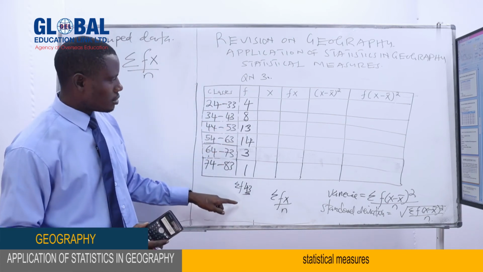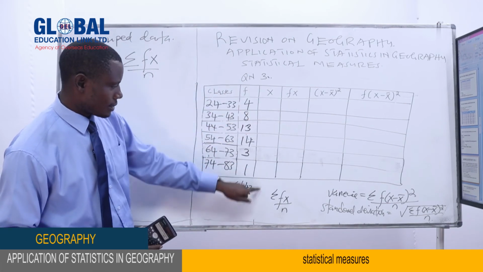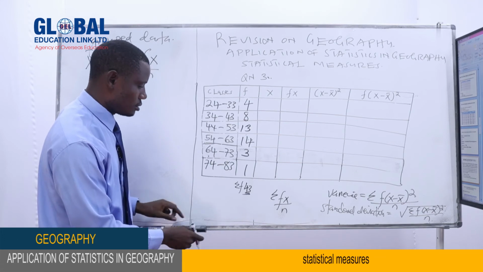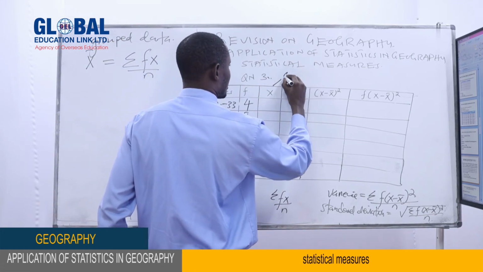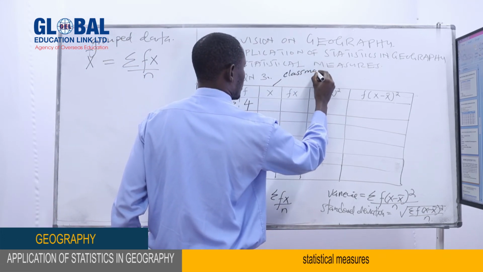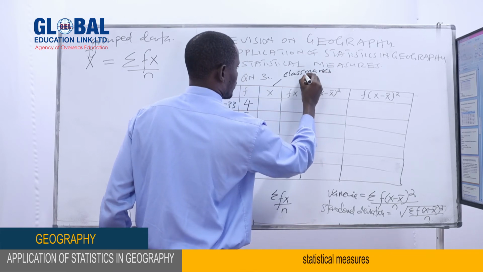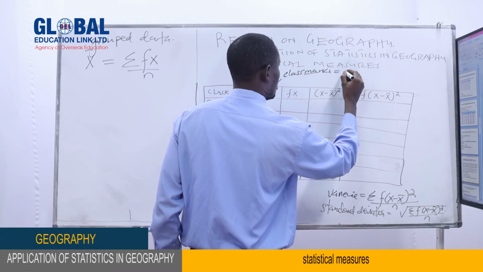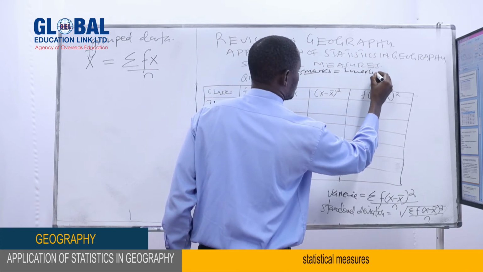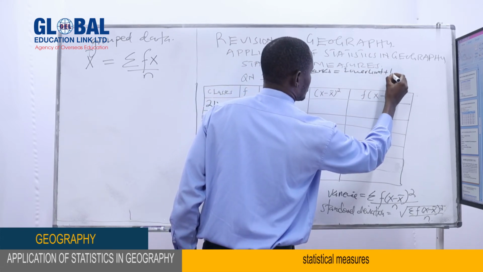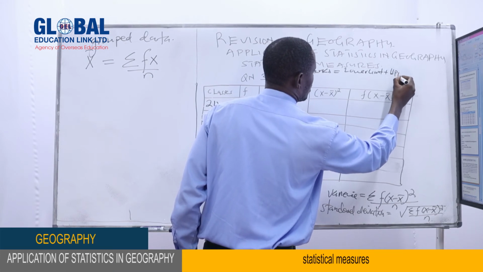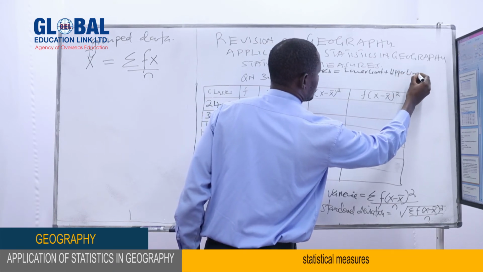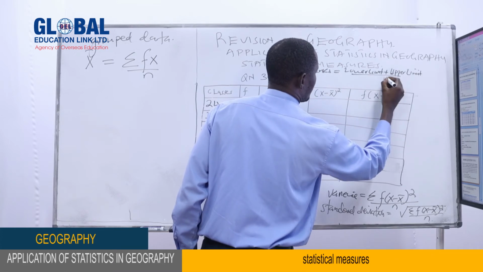Then you go for the next column, that's about X. For X, I think you know, here we are talking about the class mark. This is the class mark. I think you remember, as we did for the second question, it's the lower limit plus the upper limit, and then we divide by 2.